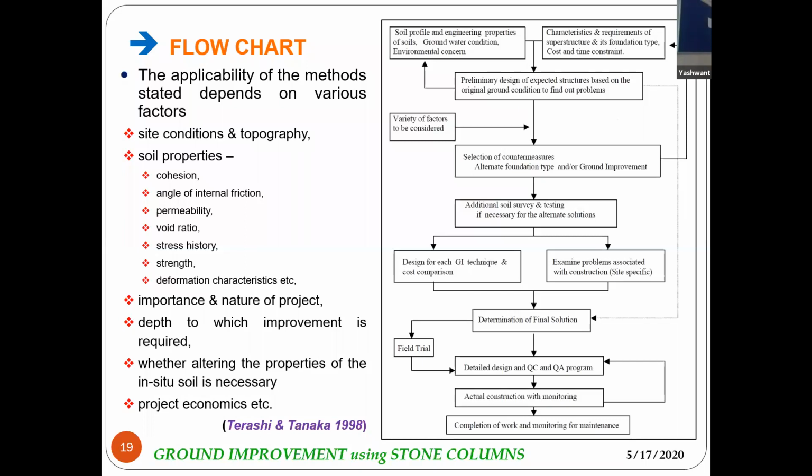Since economics is related to the importance and nature of the project, this will also be taken into account. Then the depth up to which the treatment is required, and finally the project economics. So these are the various factors that are going to govern the methods that we are going to have, and the flow chart has been shown.